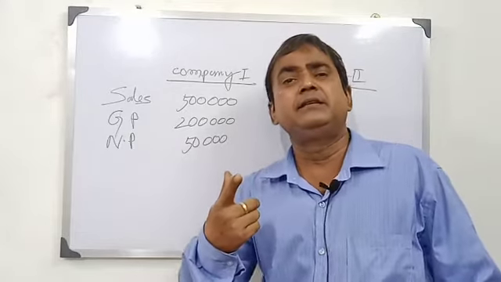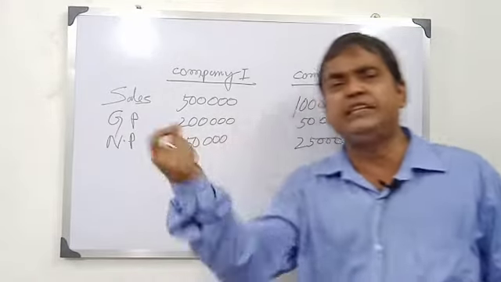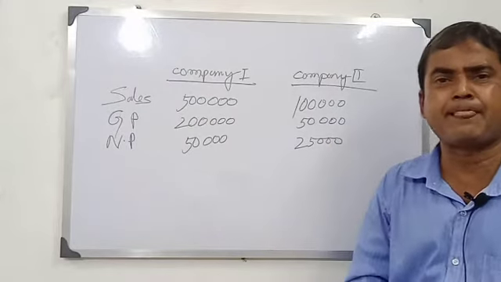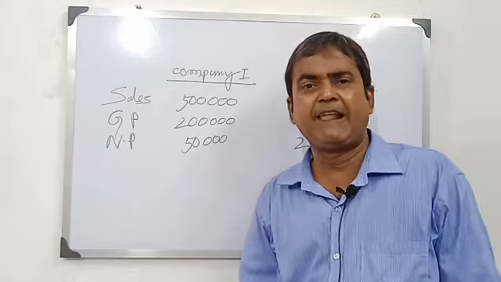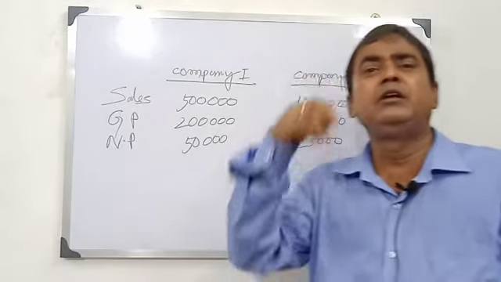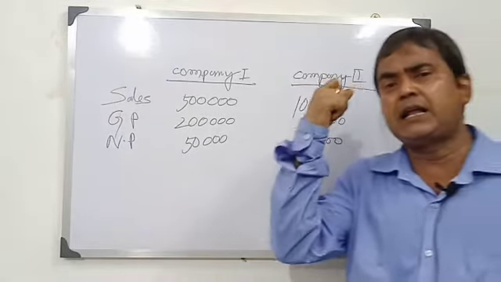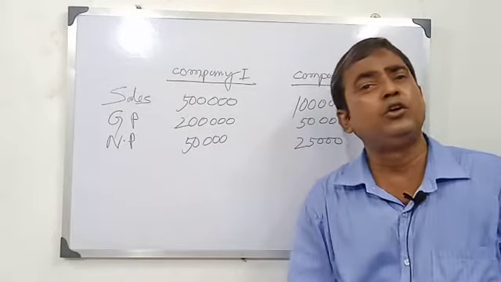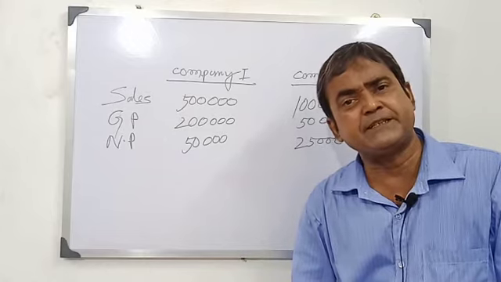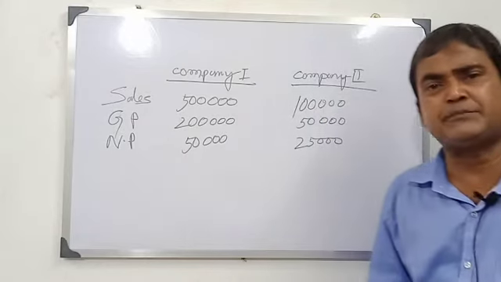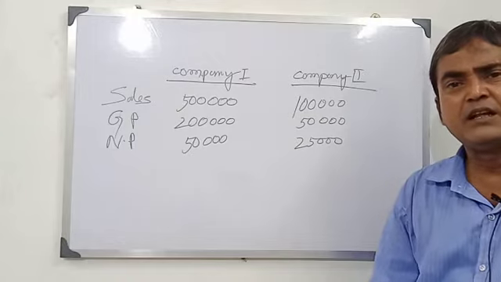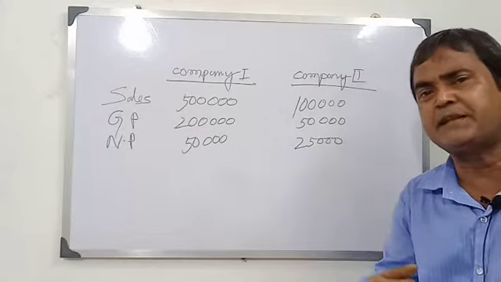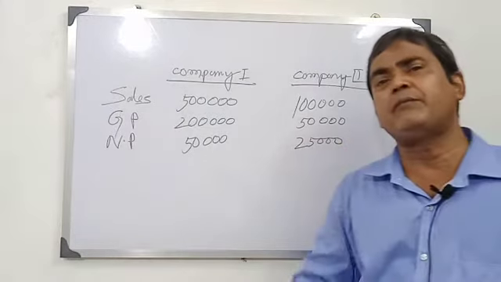I'll explain financial management totally from A to Z. This is the simplest technique I am using. Ratios can be classified on a positional statement basis, or a profit and loss statement basis, or a mix of one item from the position statement, that is the balance sheet, and one item from the profit and loss statement.